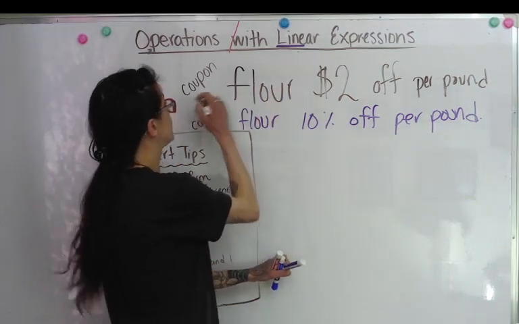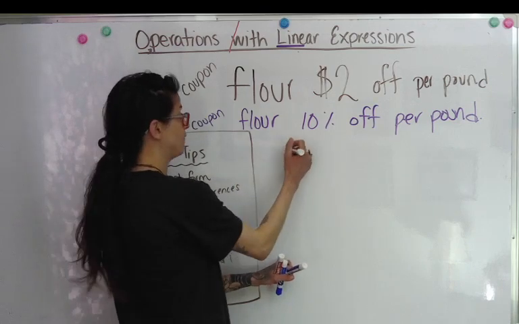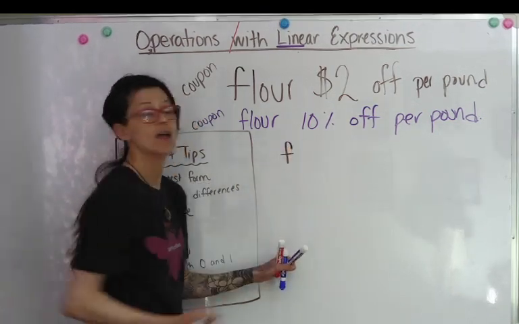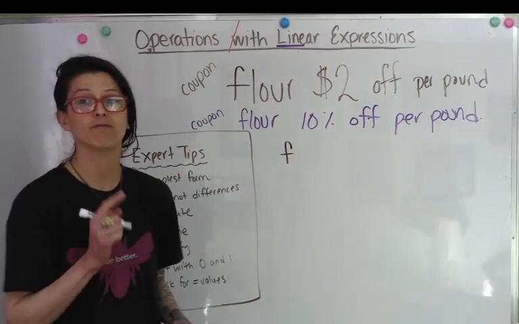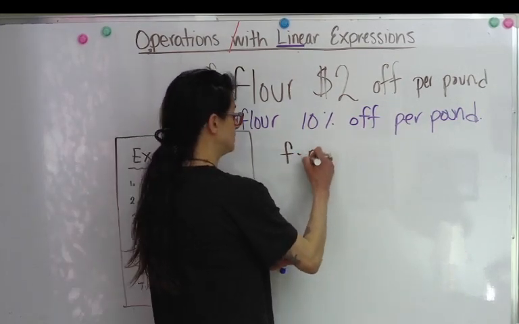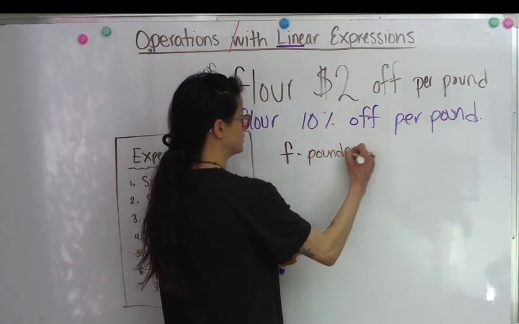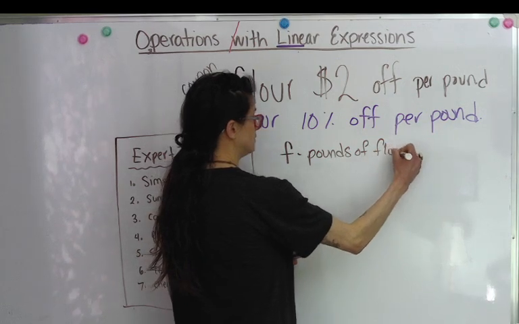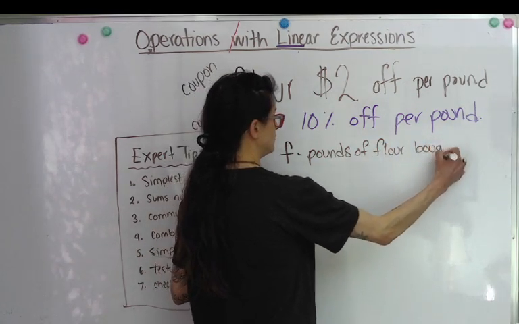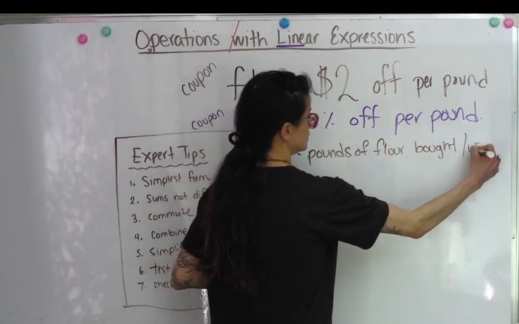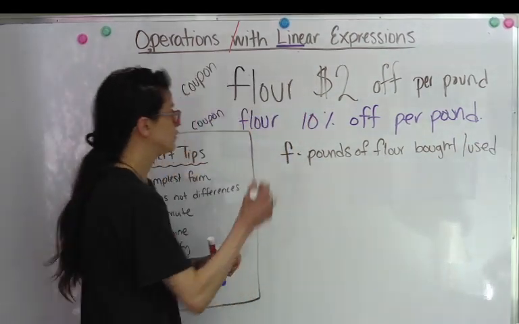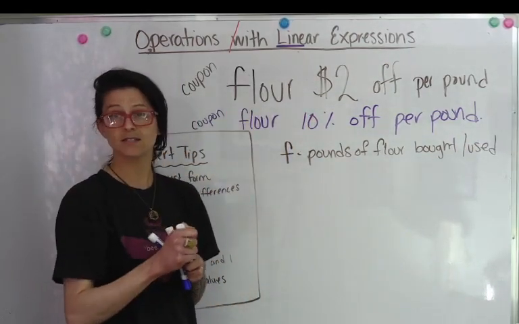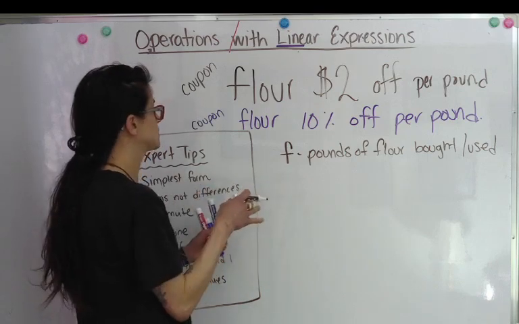For the brown expression, we have the pound of flour. We'll let F represent the number of pounds of flour bought or used, and we'll use that definition of the variable for both expressions.